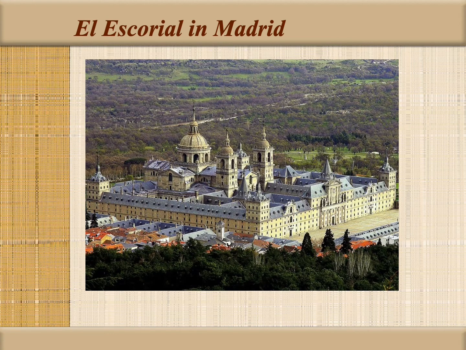The project was so complex that it took more than a decade to complete, and approximately 1,000 people worked on it during its peak construction period. El Escorial is often described as severe or somber in appearance, with a symmetrically organized plan and a largely unornamented exterior.